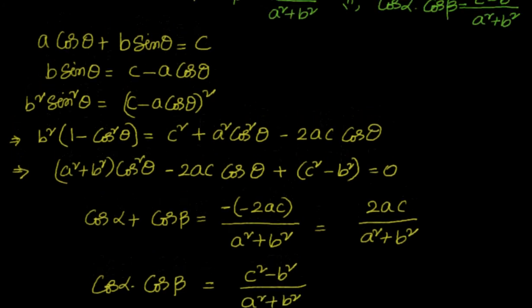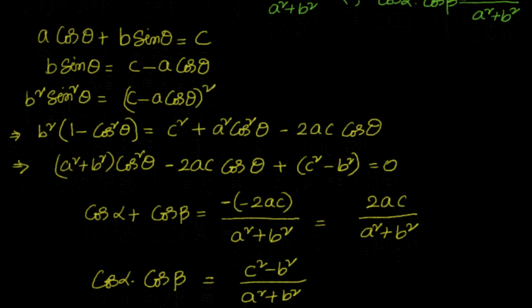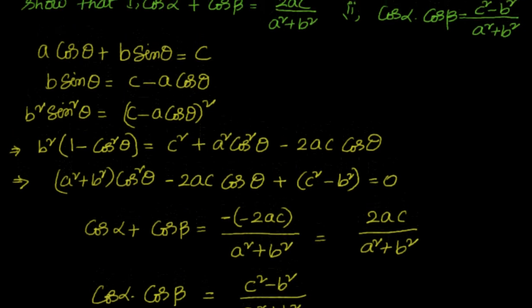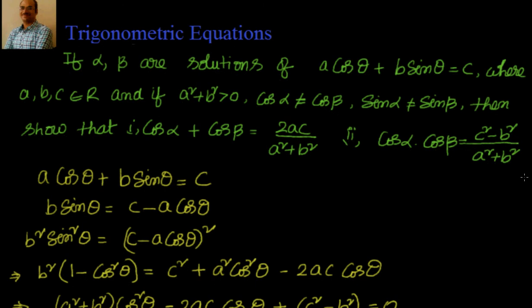Let's have a look at it. We have to prove cos alpha plus cos beta equal to 2ac by a square plus b square, and cos alpha into cos beta equal to c square minus b square by a square plus b square. Now I want you to do something.